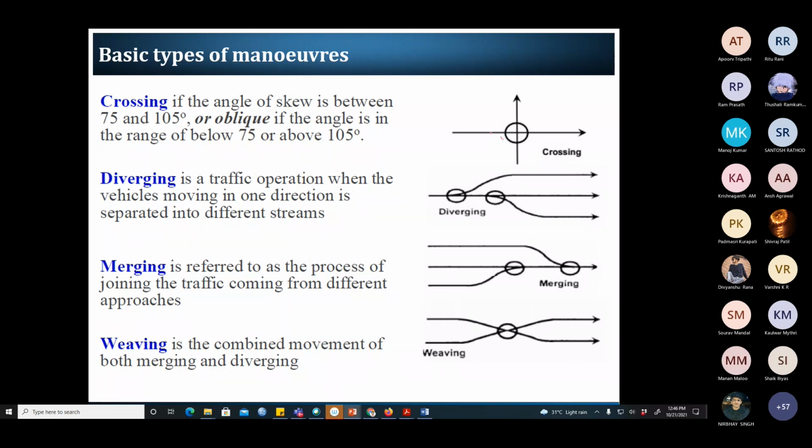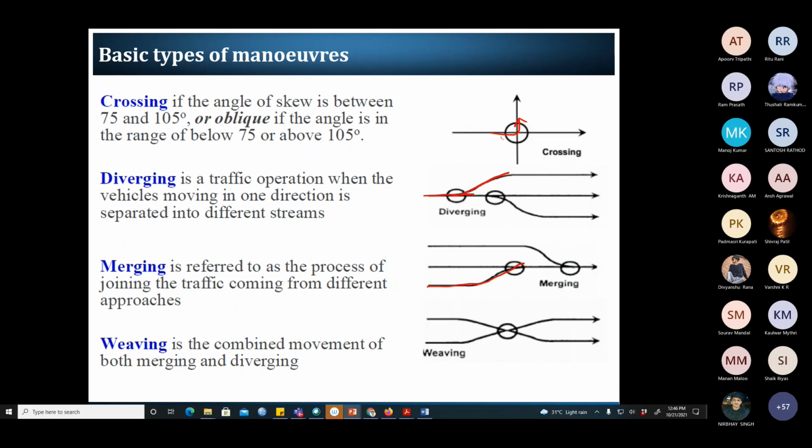Basically, the intersection is used for crossing purposes, from one direction to another direction. Else, one road is diverting toward another road. So those functions might be happening on the intersection. Third, from the minor road to the major road you are merging, so merging reactions might be happening.